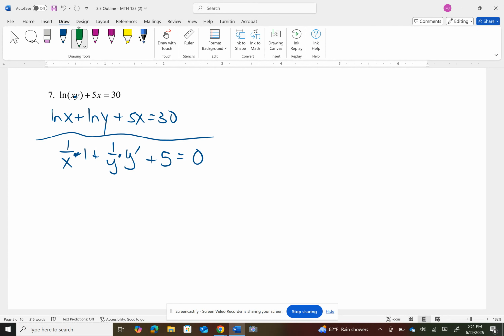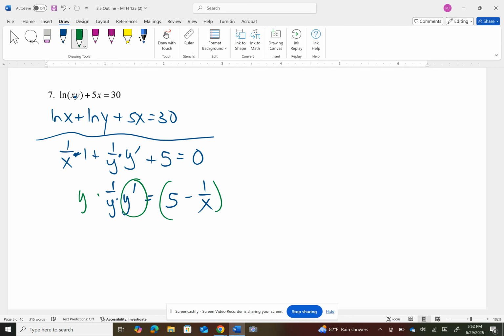Okay, so the 1 over y times y prime is going to stay put. But I'm going to subtract the 5 and the 1 over x times 1, which is really just 1 over x, from both sides. Right now, at this point, I need the y prime by itself. Okay, so to get rid of the 1 over y, I'm going to multiply by y.